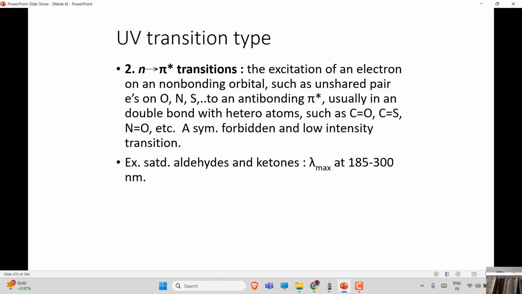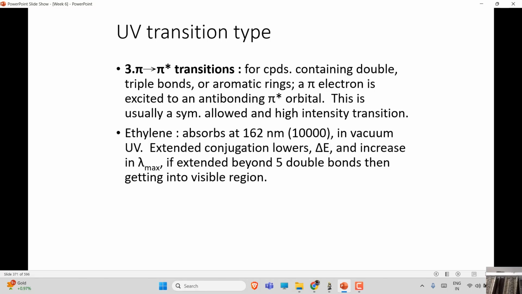Then the n to pi star transition, the excitation of an electron on a non-bonding orbital, such as the unshared pair electrons on oxygen, nitrogen, sulfur, to an antibonding pi star, usually in a double bond with heteroatoms such as C double bond O, C double bond S, N double bond O, etc. And then we have the pi to pi star transitions for compounds containing double, triple bonds or aromatic rings.